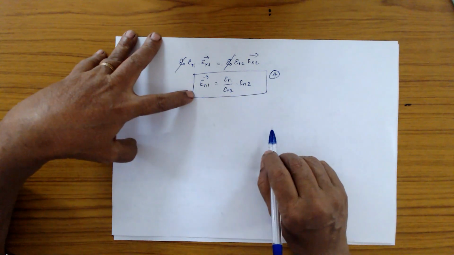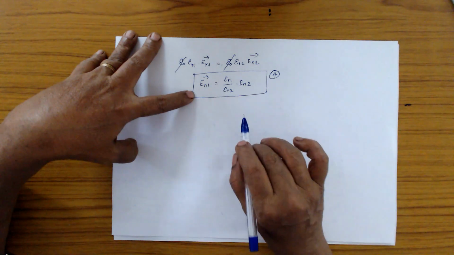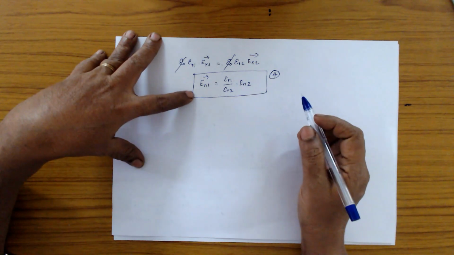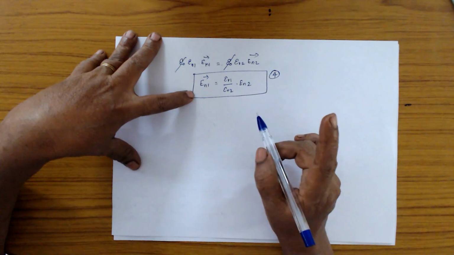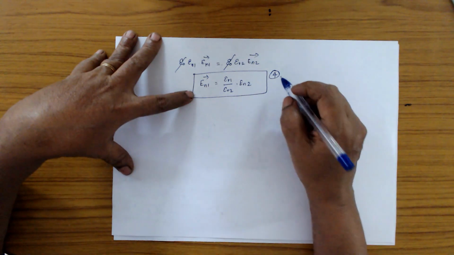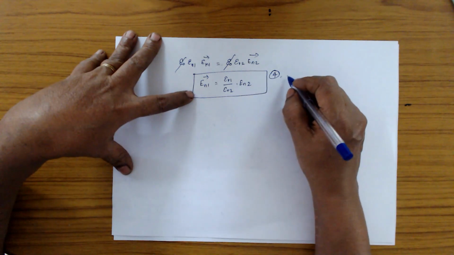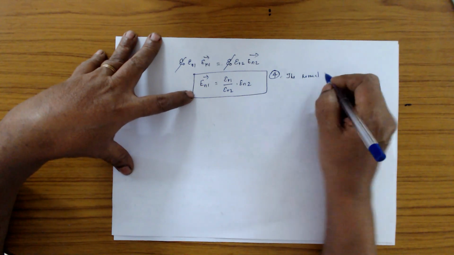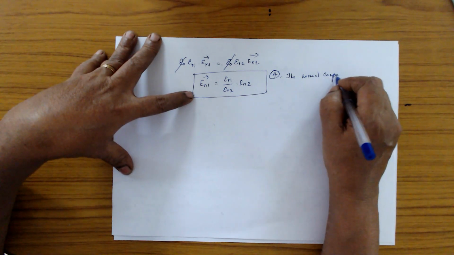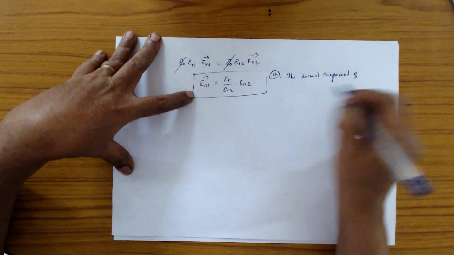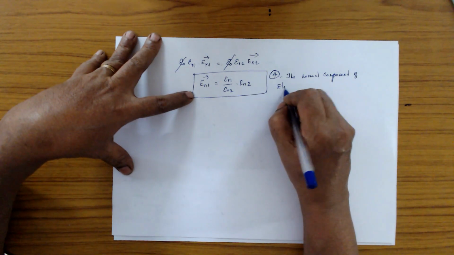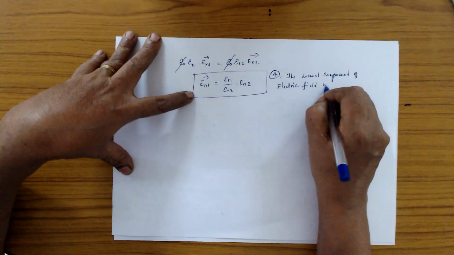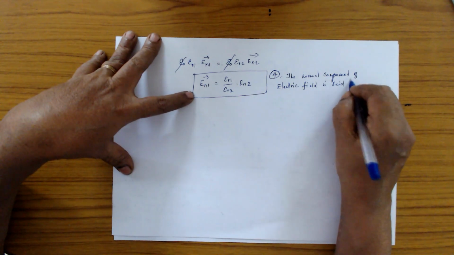This shows that the normal component of the flux density remains the same. If the normal component of the flux density remains the same, the normal component of the field intensity may not be the same. So the normal component of the electric field is said to be discontinuous.